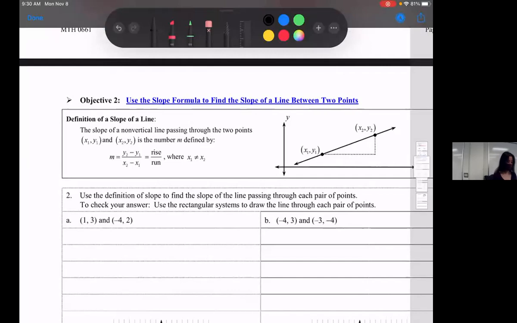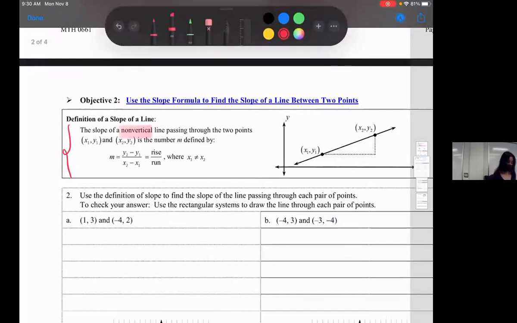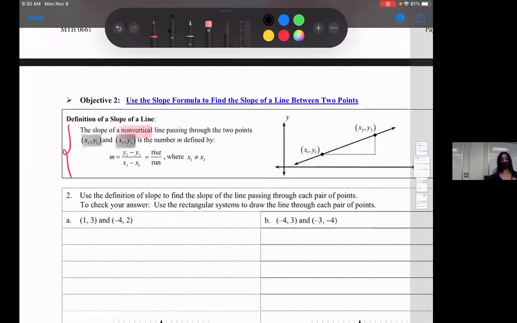So here is the definition of the slope of a line. The slope of a non-vertical line, it has to be non-vertical, otherwise no slope, passing through the 2 points x1, y1, and x2, y2, is the number m, they denote slope as m, equal to y2 minus y1 over x2 minus x1.